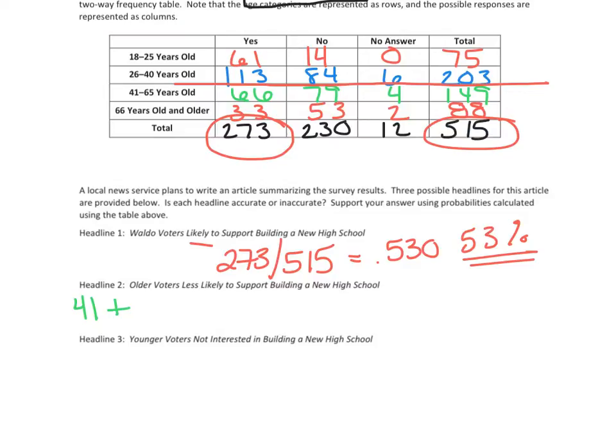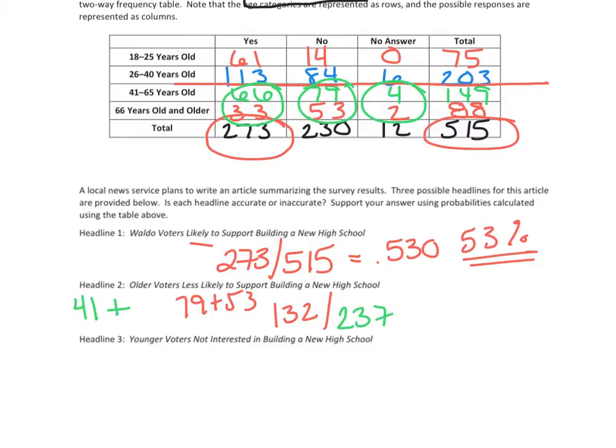So I'm going to say that's 79 plus 53. So that's a total of 132 out of how many people? Well, I have to take the people that said no, the people that said yes, and the people that didn't answer. So if I add all those up, that's out of 237.